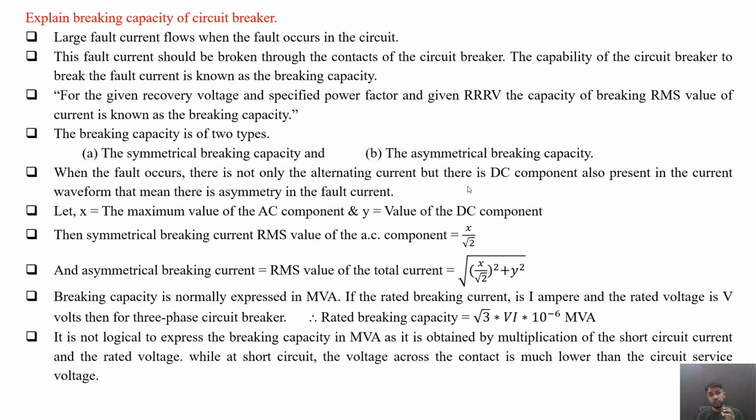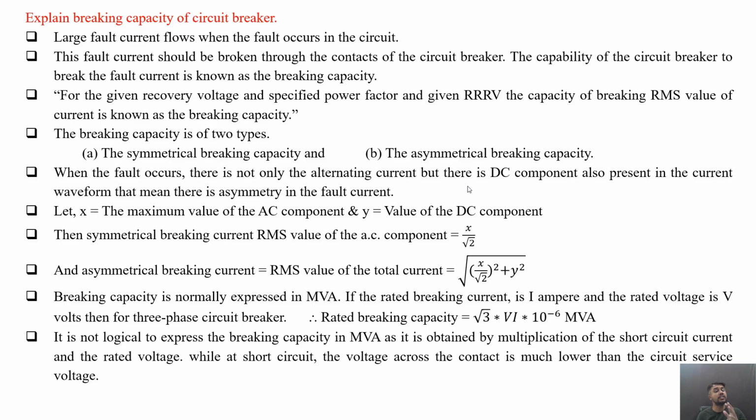But you think like this, when the short circuit occurs, the voltage across the contact is much lower than that of the circuit service voltage, because when the short circuit occurs, actually that path is shorted, so no resistance is available, so there is no voltage actually. So short means the shorting of the source.